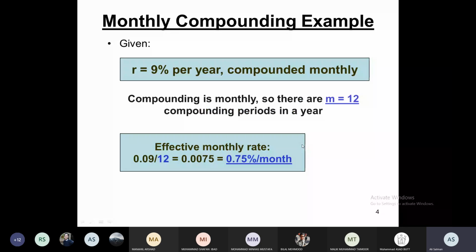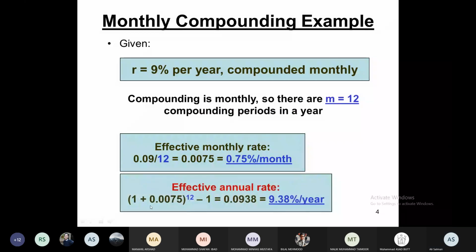Effective annual interest rate, that is (1 plus R over M) raised to the power M, minus 1. As R over M is already calculated, the effective annual interest rate is 9.38% per year. 9.38% per year is the effective annual interest rate.